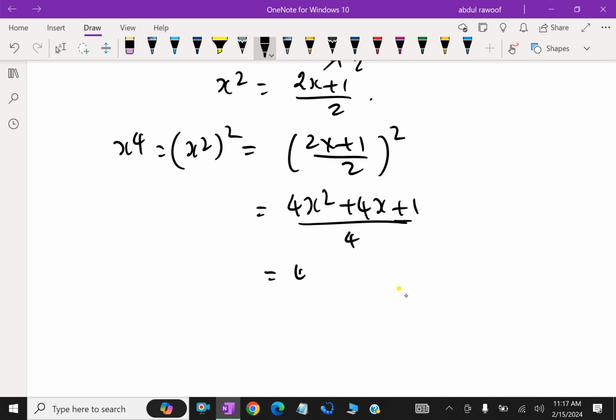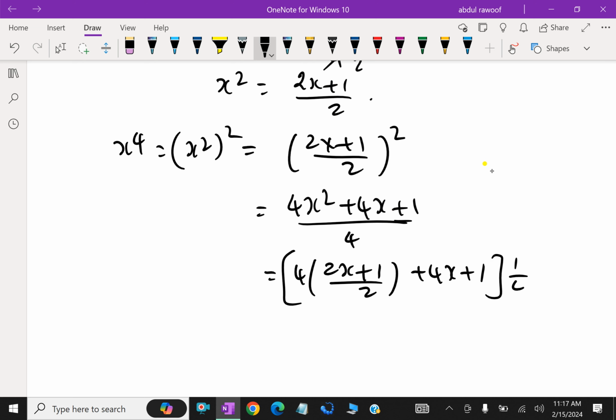But already x squared we have (2x plus 1) by 2, so (4 times (2x plus 1) by 2 plus 4x plus 1) divided by 4.